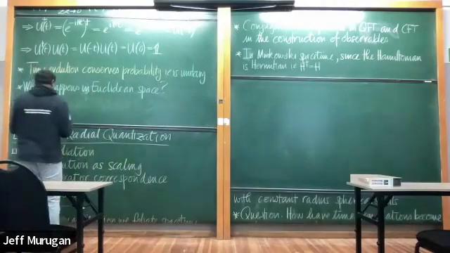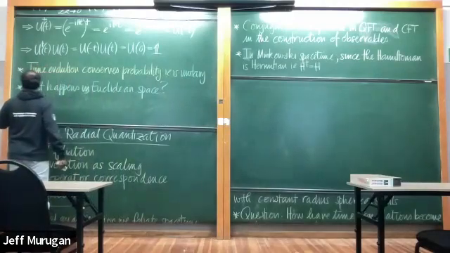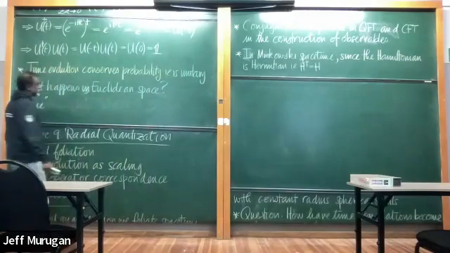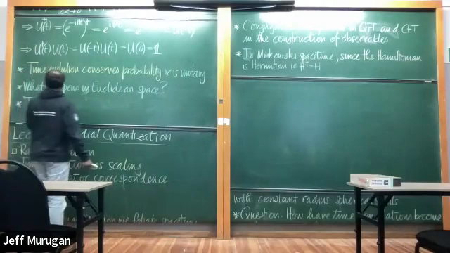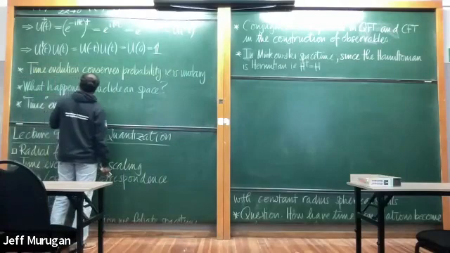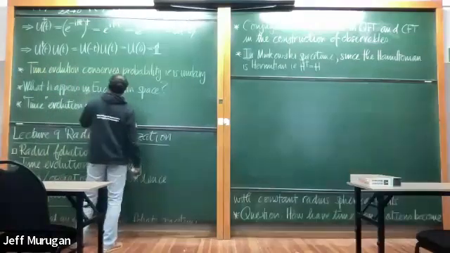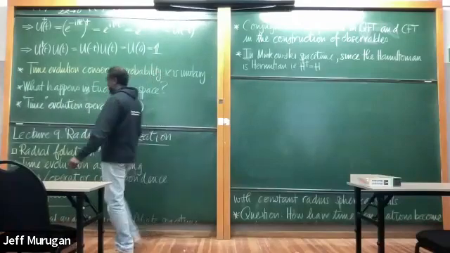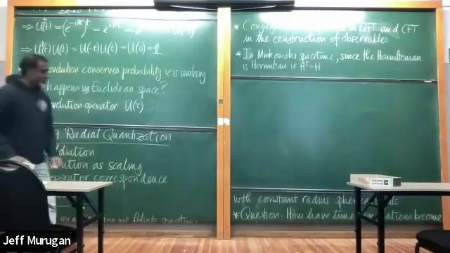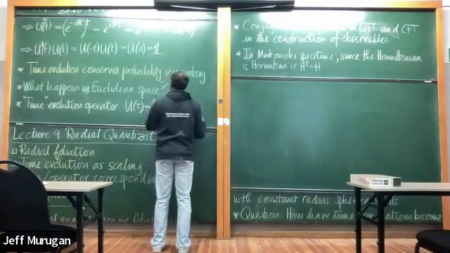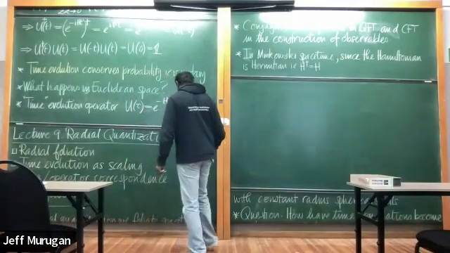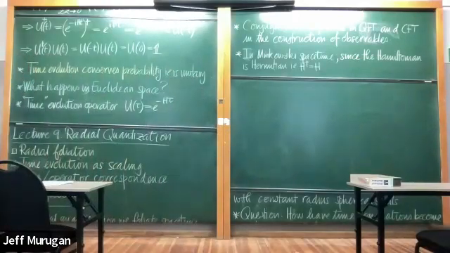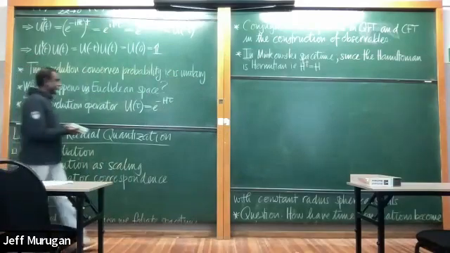So the time evolution operator is given by U of tau, say, and U of tau is e to the minus the Hamiltonian times tau. Okay, this is Euclidean time.